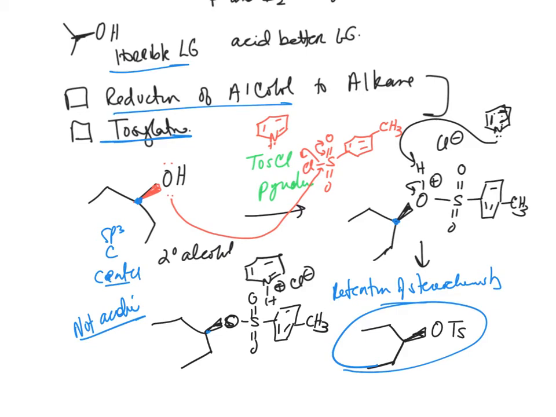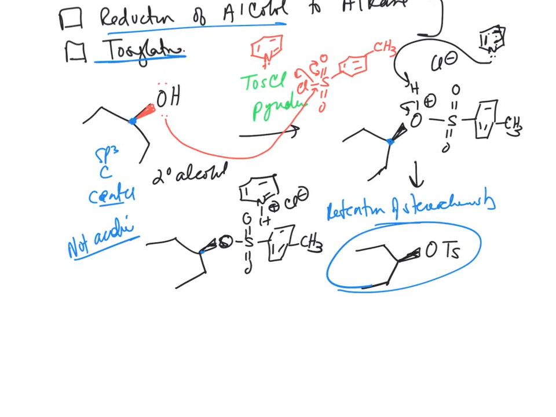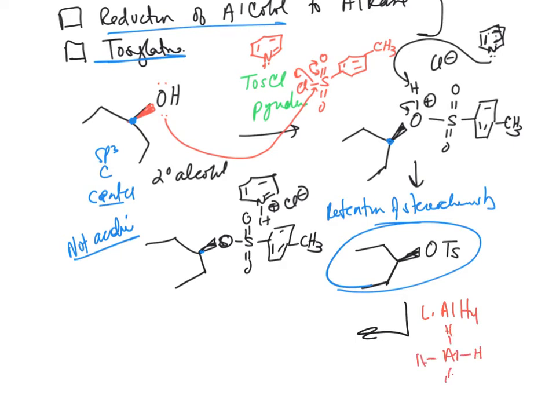Okay, so now reduction of alcohol. So we can take this and put it in a solution with lithium aluminum hydride. So if you put this in a solution of lithium aluminum hydride, and you've been familiar with that reagent, okay, that delivers a hydride. So if you want to just write a hydride, then the hydride is going to do an SN2.